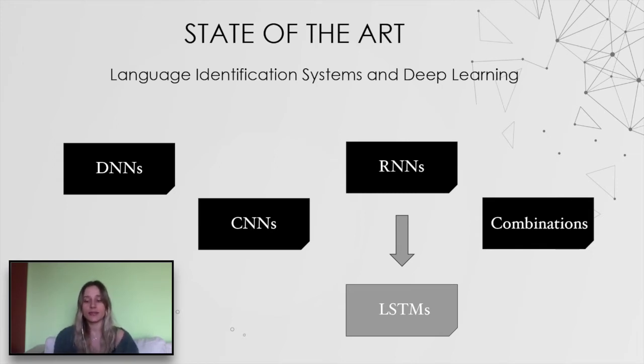And as we don't have the resources or the time to try every single type of neural network combination, we have decided to use the most widely used ones, which are LSTMs, long short-term memory networks, which is a kind of recurrent neural network which has memory, as its name says.